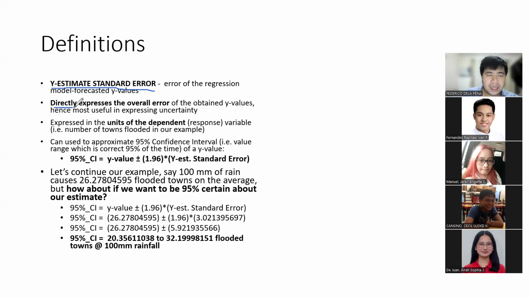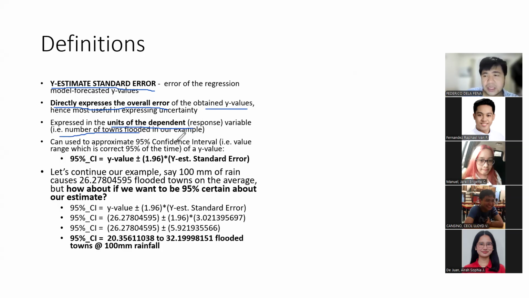It's a direct expression of the overall error whenever you're getting a y value. And the units of the error are just the same as the units of your response variable. In our example, the units of the error here is just the number of flooded towns.